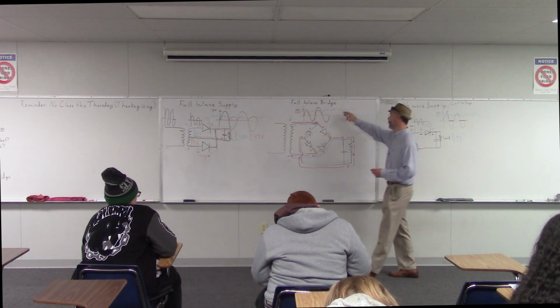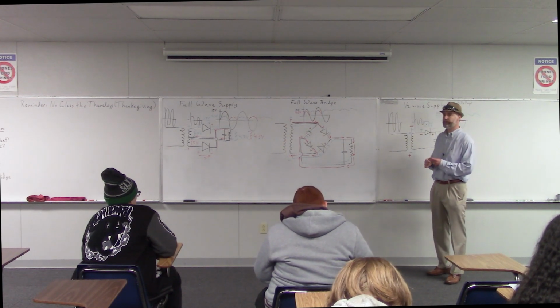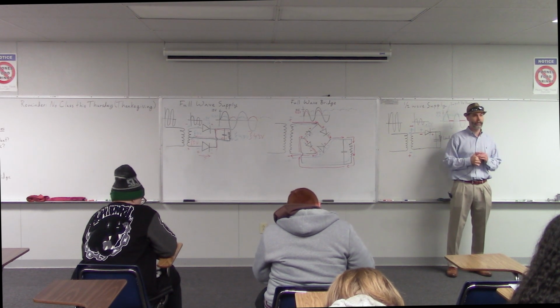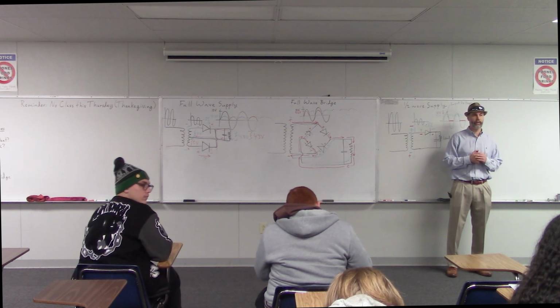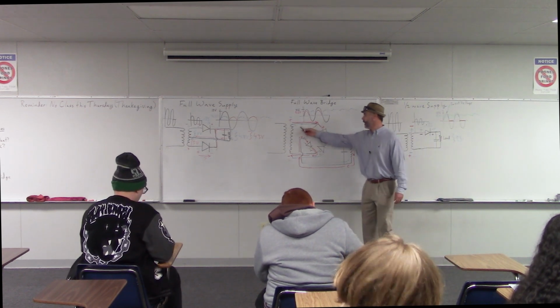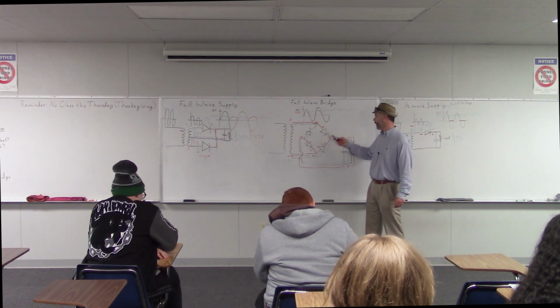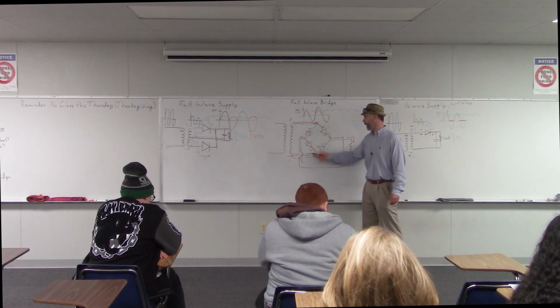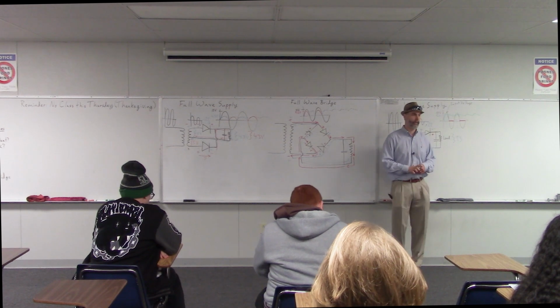So we end up with a wave that looks kind of like that. Would this configuration have about 9.3 volts on the load? No, 8.6, because the electricity has to pass through two separate diodes each time that it flows around the circuit.